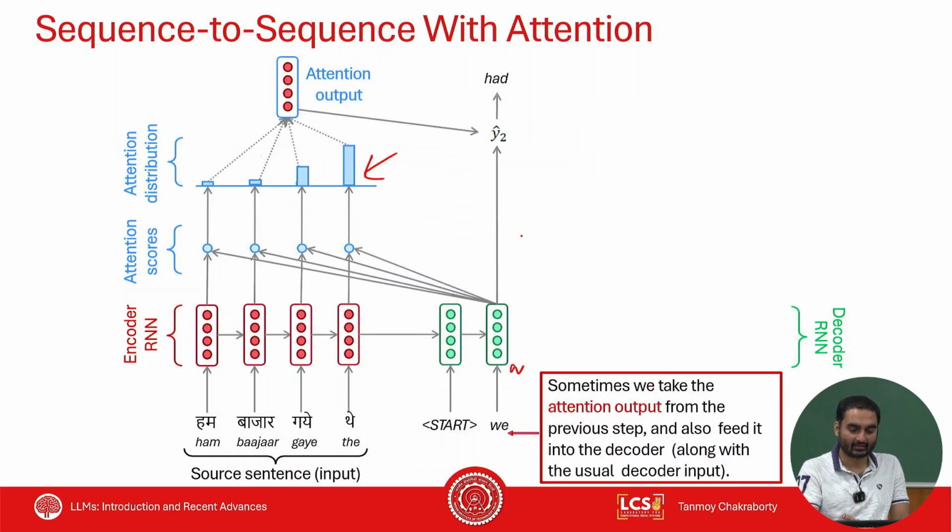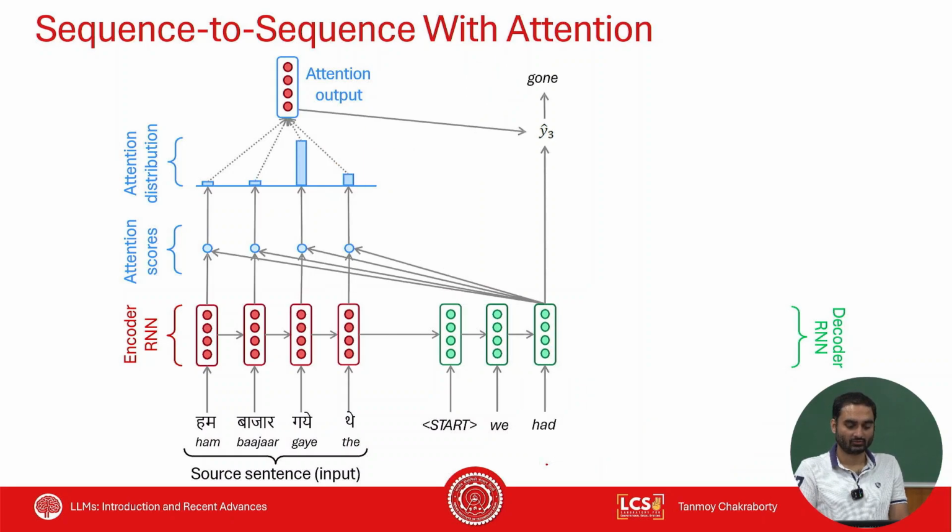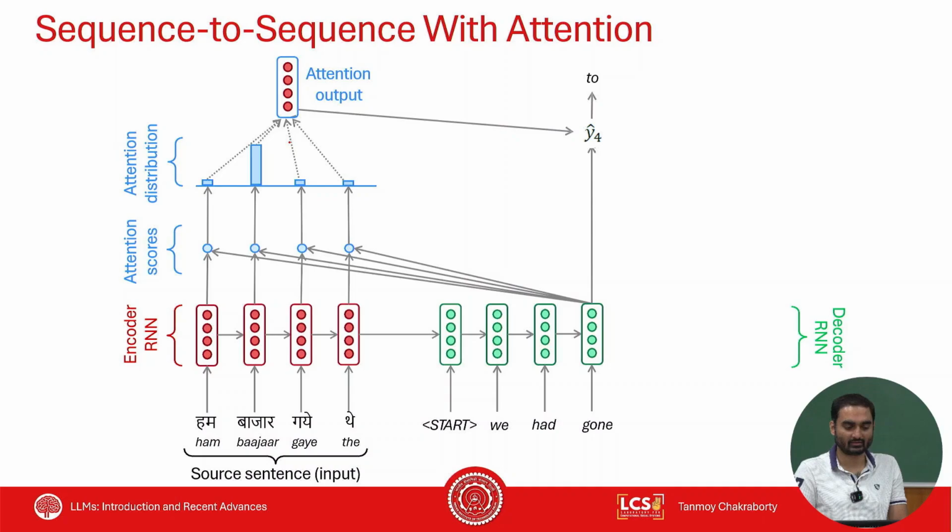To generate the second output token, the last one was useful. To generate the third, the third one was useful. To generate the fourth, the second one was useful. And how do we get this usefulness? From the probability, the dot product probability.